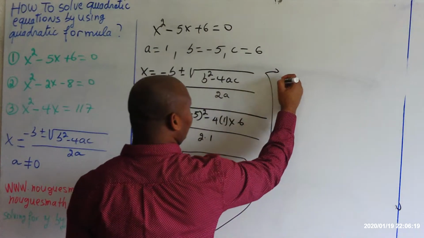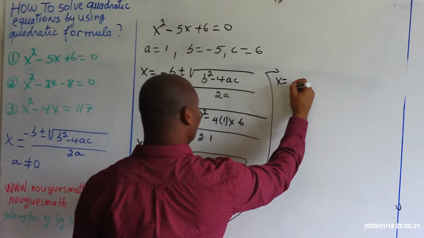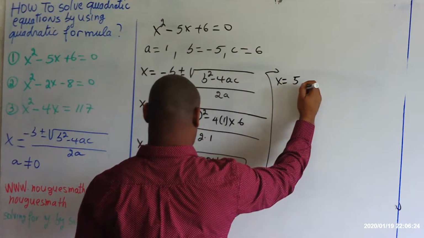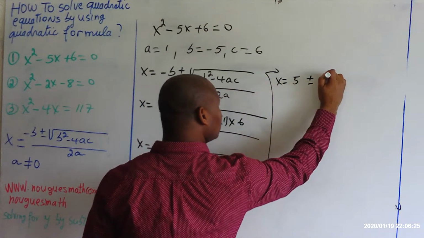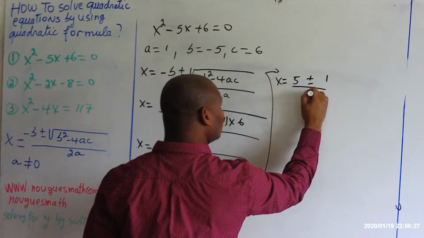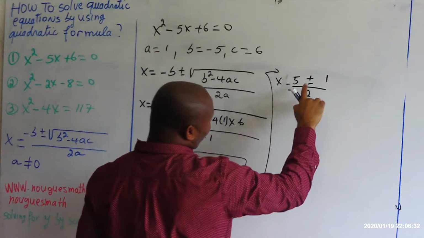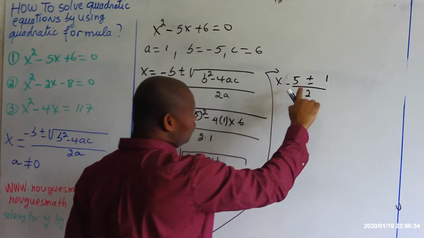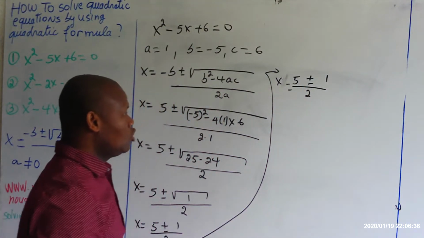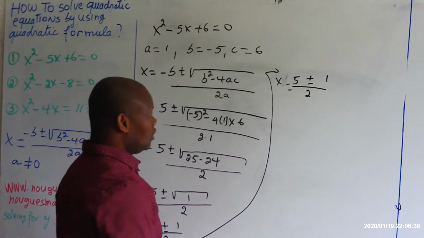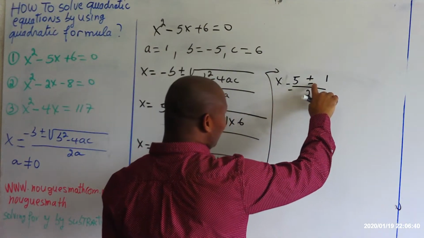So you will have x equals 5 plus or minus 1 over 2. So we'll have two answers. Do not forget, when we solve a quadratic equation, you have to get two answers. Okay, that's why we have plus or minus right here.